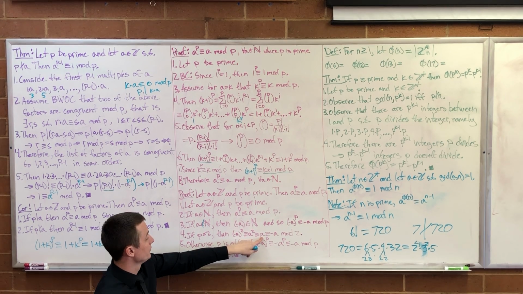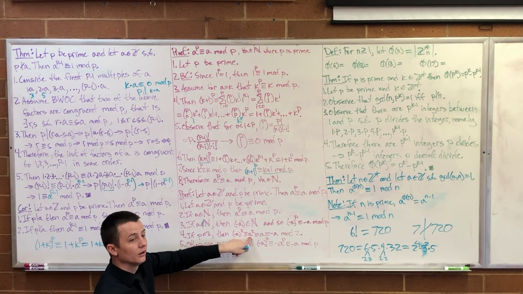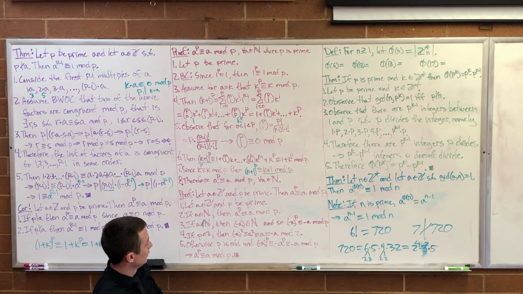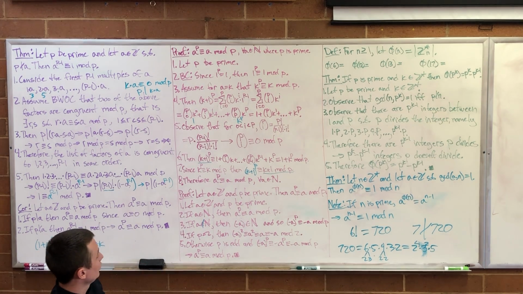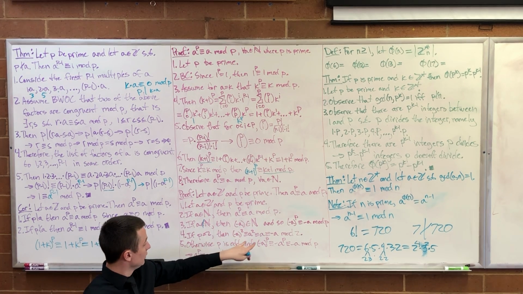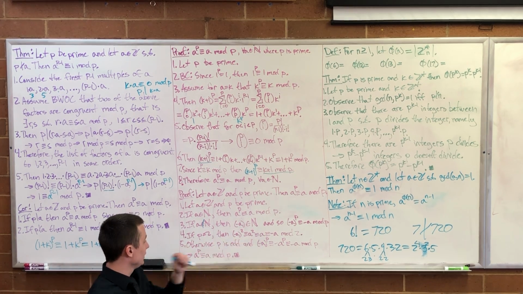Oh no, that's not it. Is it because of the thing we just proved, that a^2 is congruent to a mod 2, because it's a natural number? No, negative a is the natural.